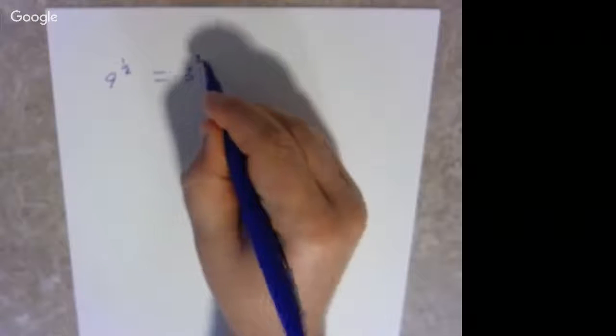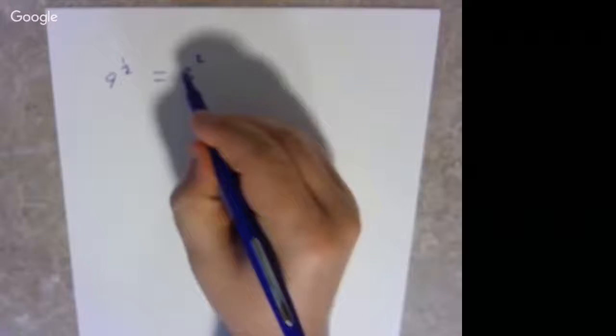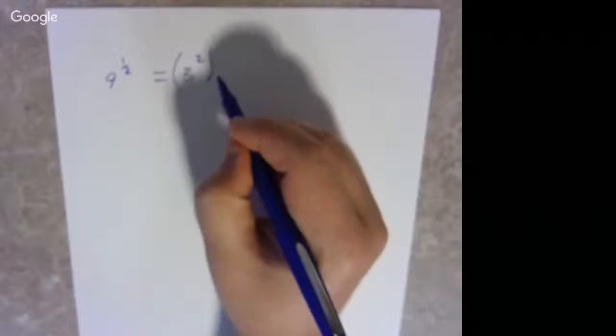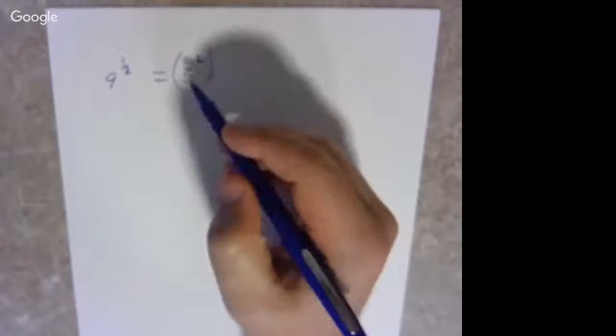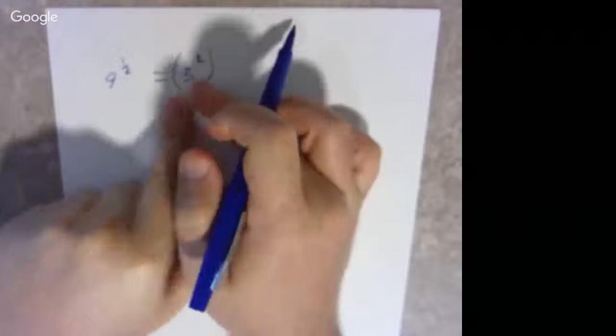Okay, if we had something like 9 to the 1/2, this is actually the same as saying 3 squared, to the 1/2. So if we square 3, we get 9.